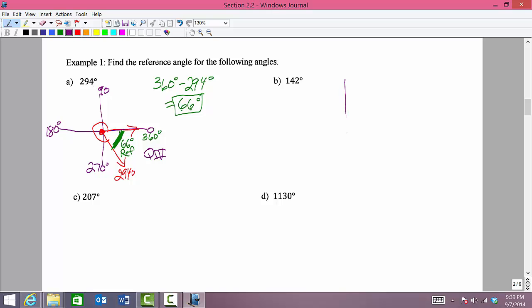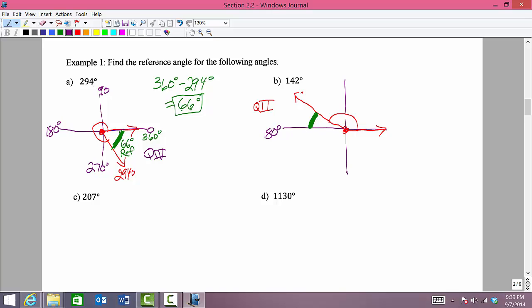Okay, what about 142 degrees? The first thing we want to do to find our reference angle is to graph our angle. 142 would be in quadrant 2. This time I'm looking for the positive distance between the terminal side and the x-axis, and I'm going to think about the nearest x-axis as being 180 degrees.